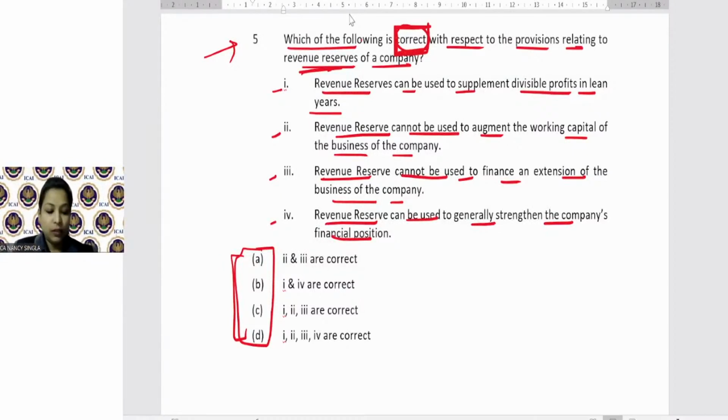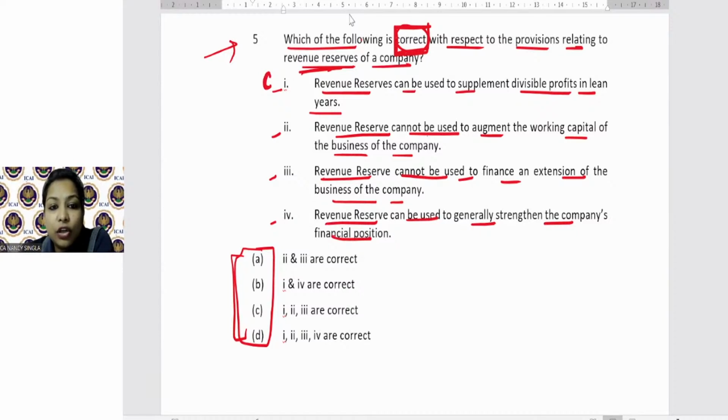So students, I'm waiting for your replies. Which of the following is correct with respect to provisions relating to revenue reserves of a company? Revenue reserve can be used to supplement the divisible profits in lean years, which is correct.